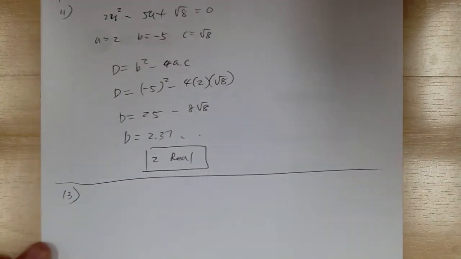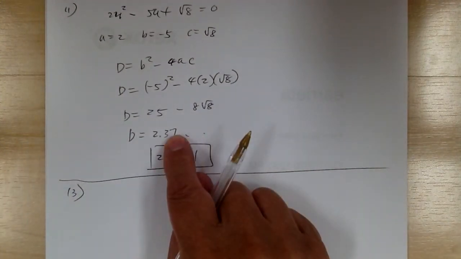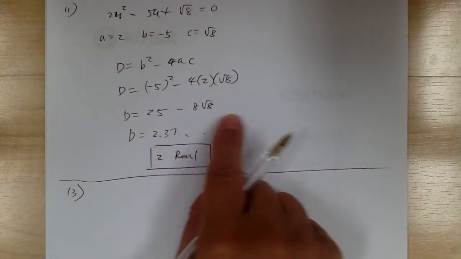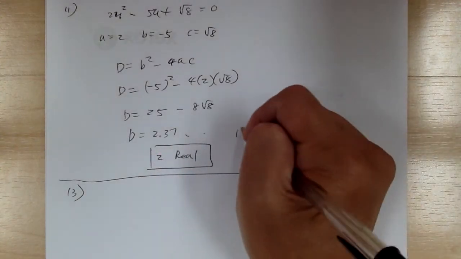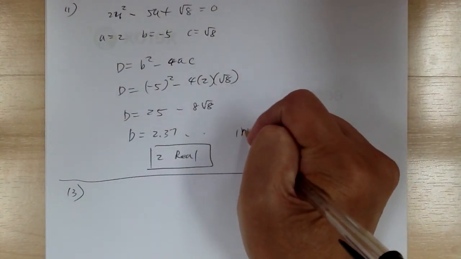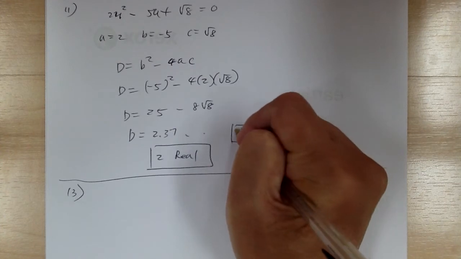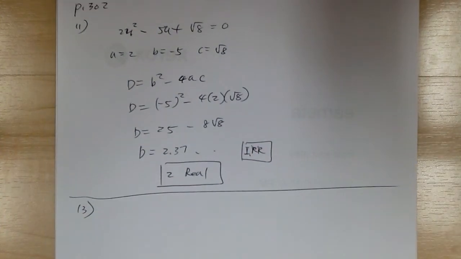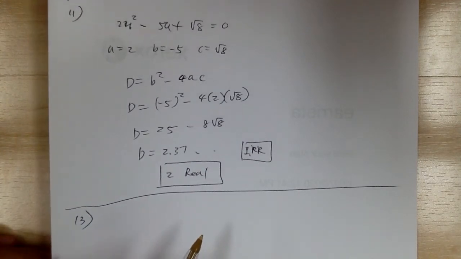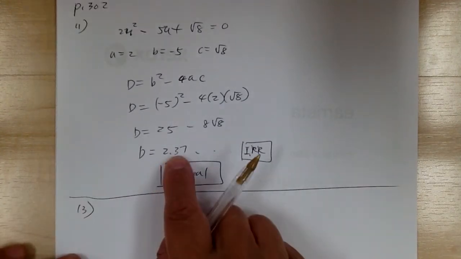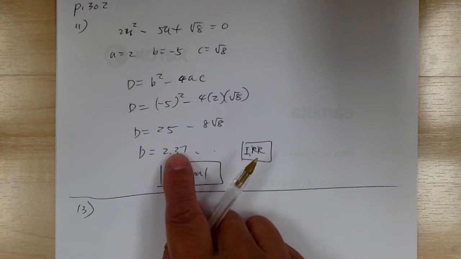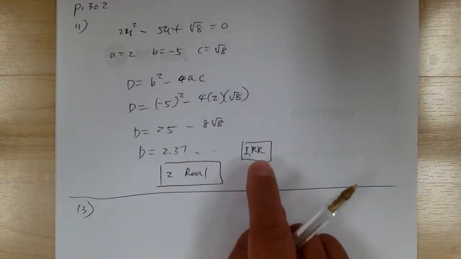This one, the number comes out as a junk number, so it's going to be irrational. Again, if it's a perfect square, it's rational because you can take the square root and it comes out nice. If it's not a perfect square, when you take the square root, you're going to get some kind of messed up number, so it'll be irrational.